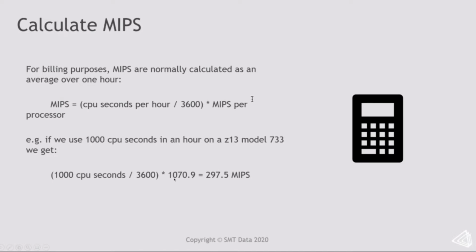So best practice, and I think this is what Frederick said also: have a clear definition of MIPS in your contract. Our view is that you should include not just the CPs, but also the ZIPs to determine the model.